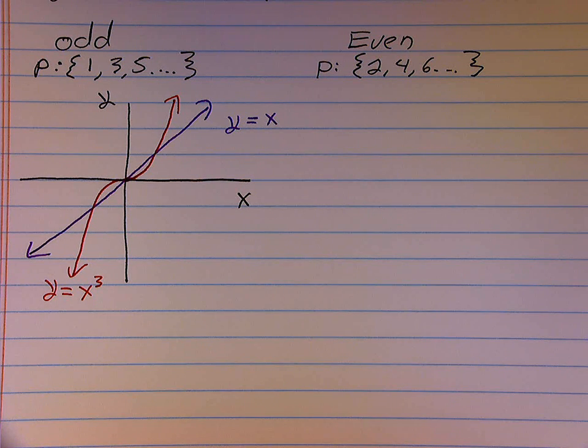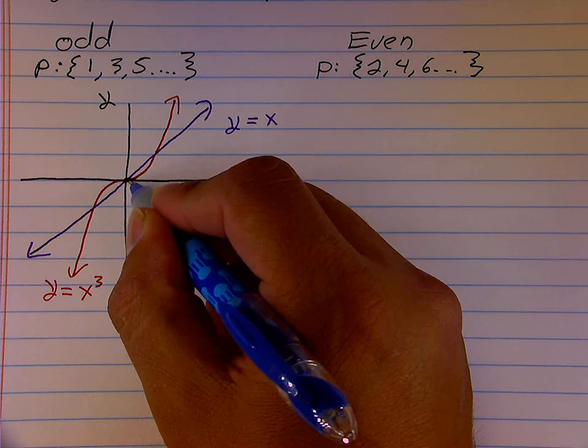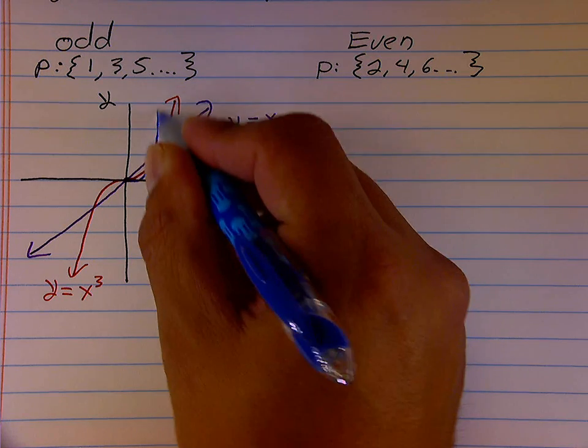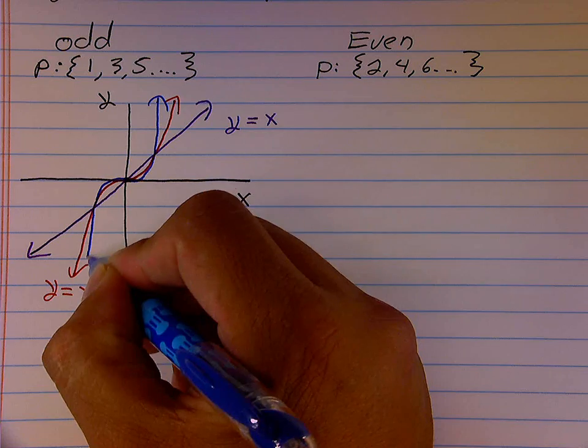Next one I'm going to graph is y equals x to the 5th. And what will happen is each time I'm going to get more and more bend.